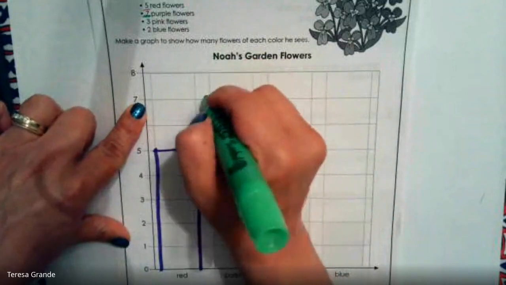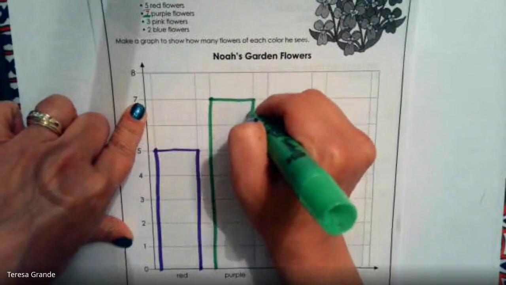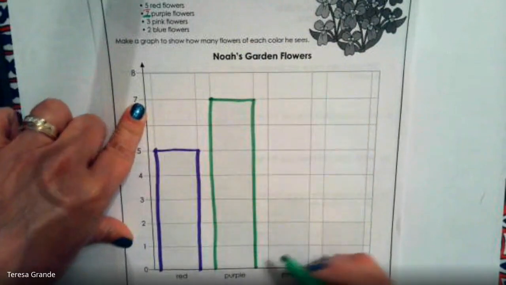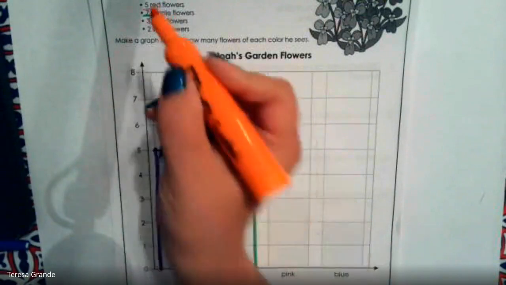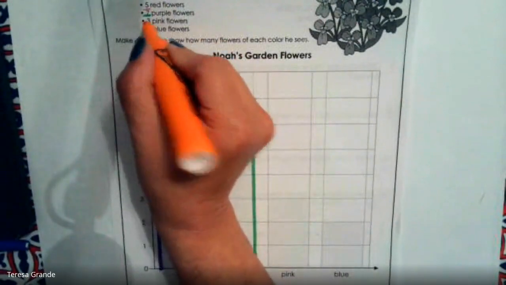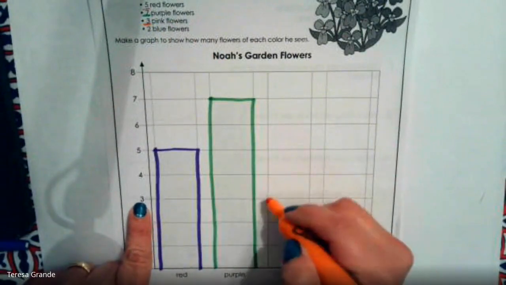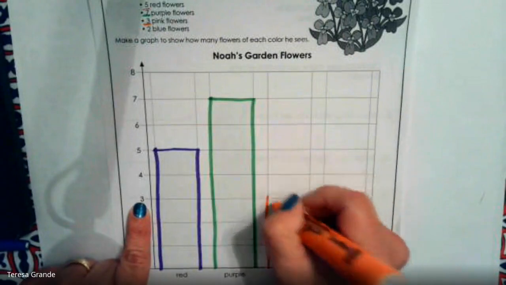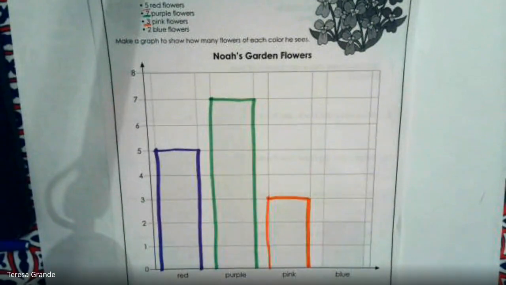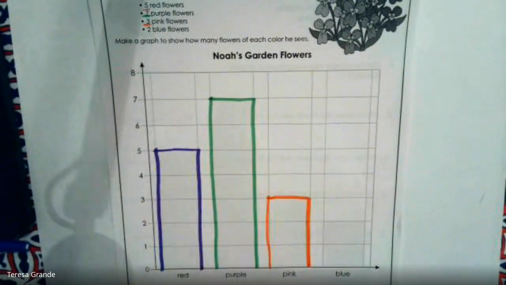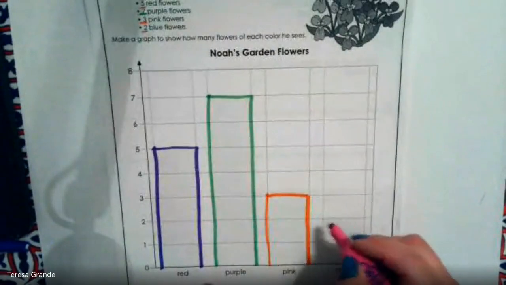So 7 is here. How many pink flowers are there? Good. 3. Find the number 3. Here's pink. And how many blue? Let's see here, there are 2 blue flowers. Okay.